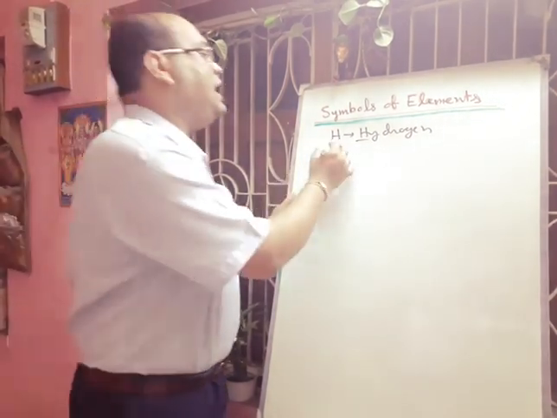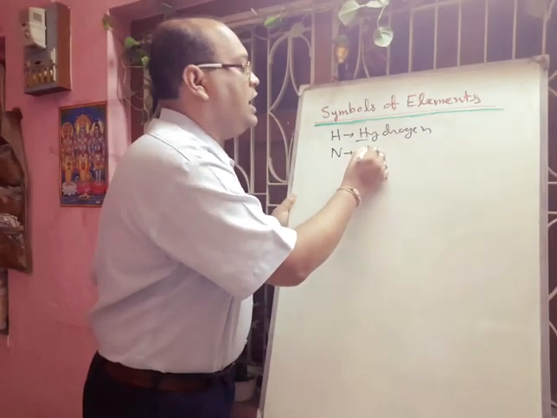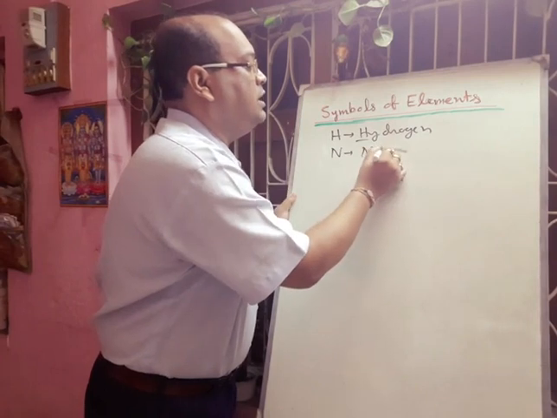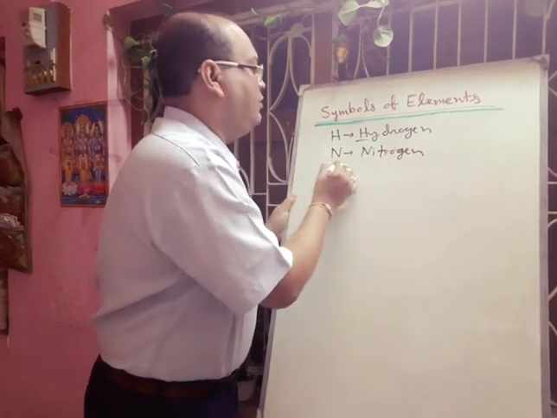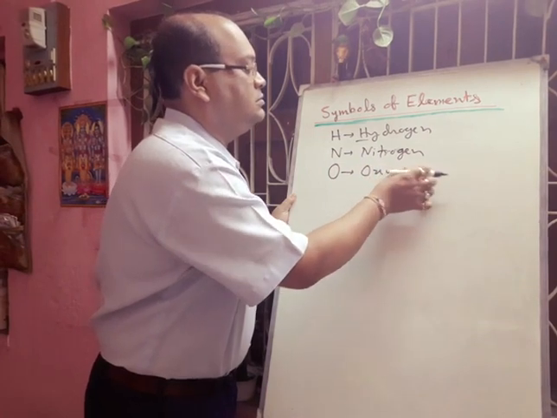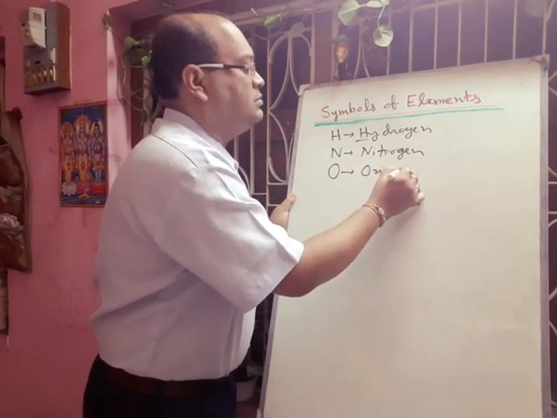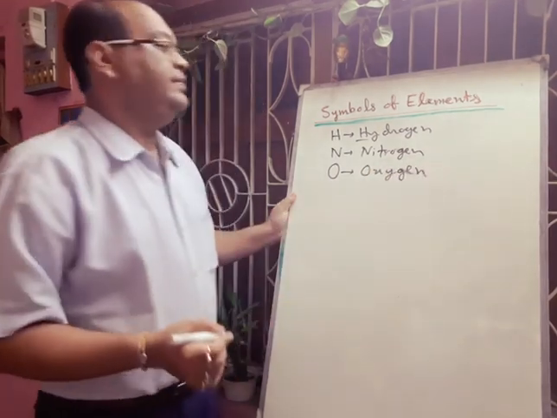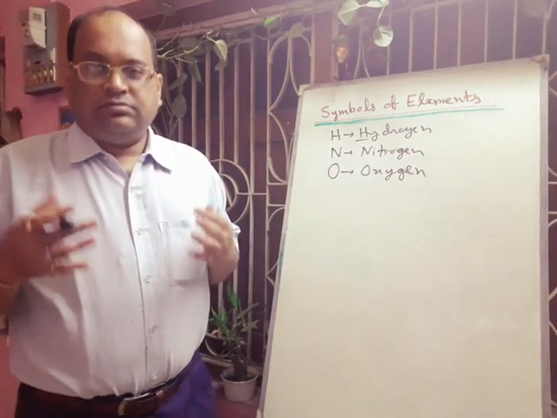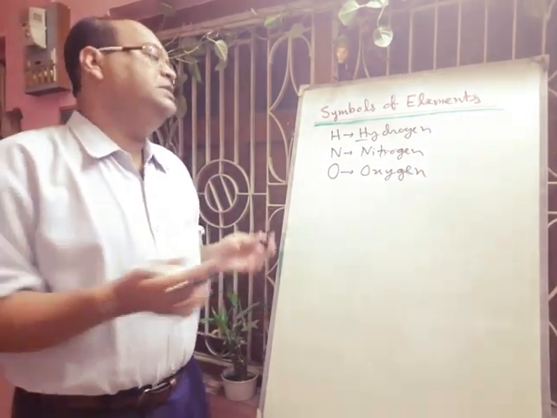Next, when we write N, this is called nitrogen. And when we write O, that is oxygen. In this way, when we write B, that means boron.